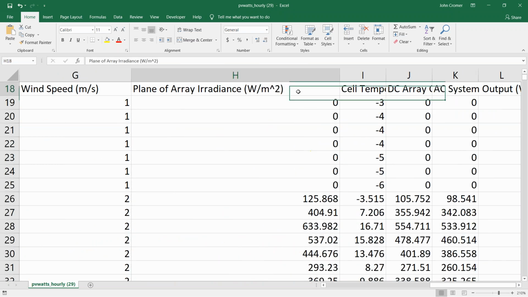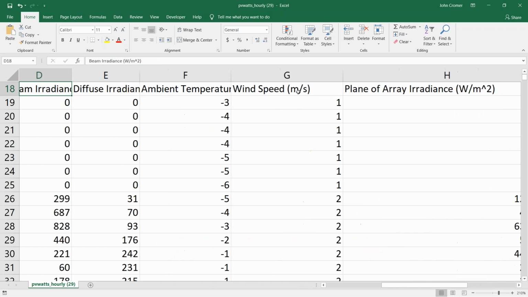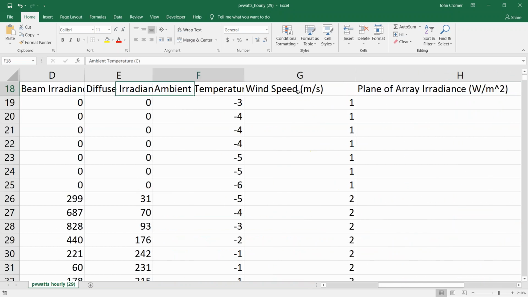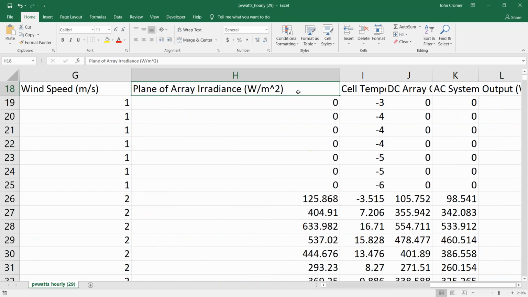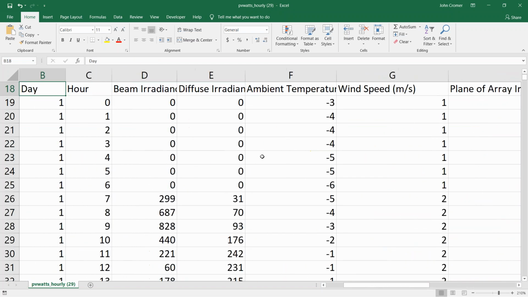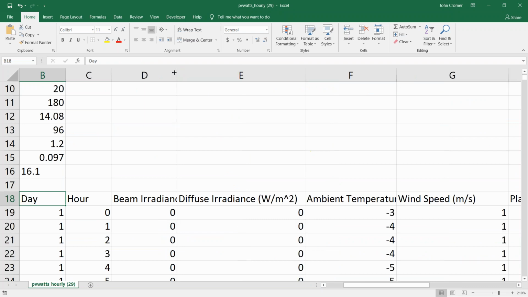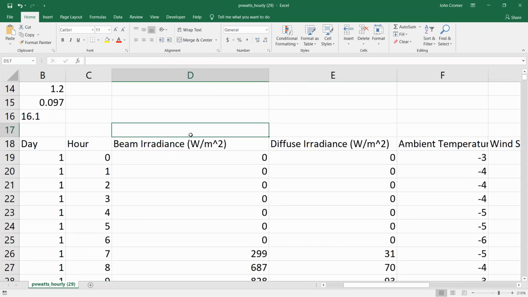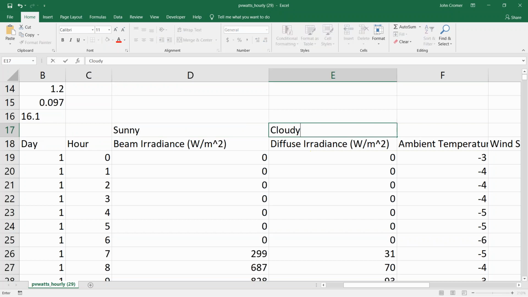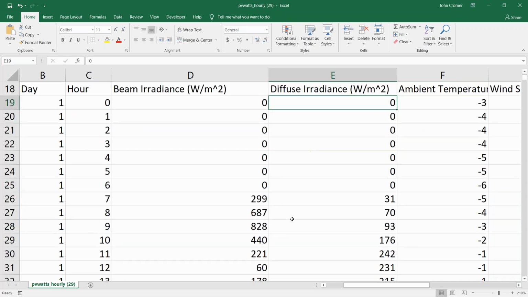So finally, what PV Watts is doing is taking the beam irradiance and diffuse irradiance and getting us to the total irradiance on the solar panel. And what we can see is it's distinguishing between sunny beam irradiance and cloudy diffuse irradiance.